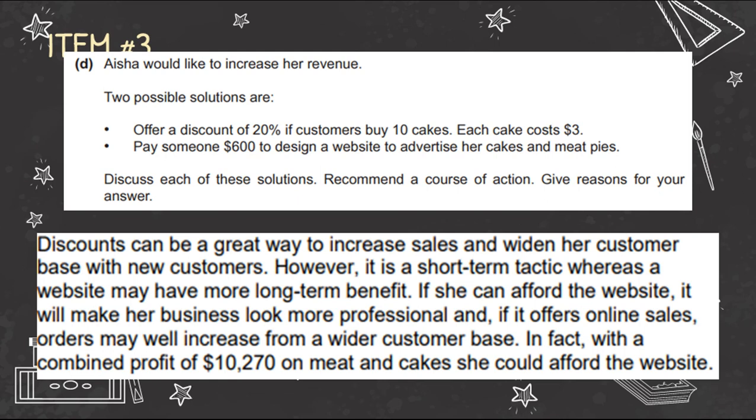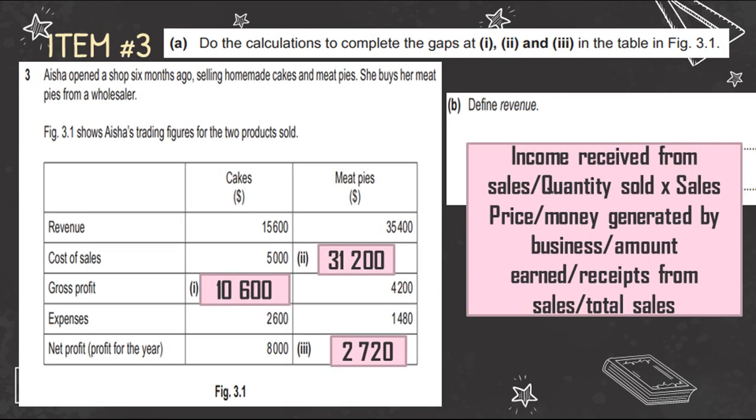And if it offers online sales, of course, it will increase the orders. And if there will be an increase of the orders, then there will be a wider customer base. And if you're going to take a look at the table earlier, the net profit of cakes is $8,000 and the net profit of meat pie is $2,700.